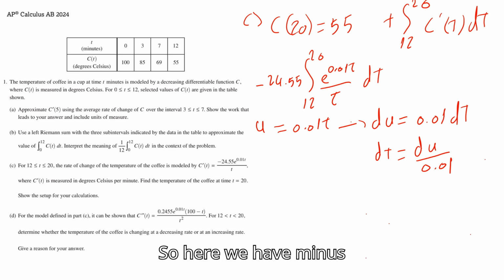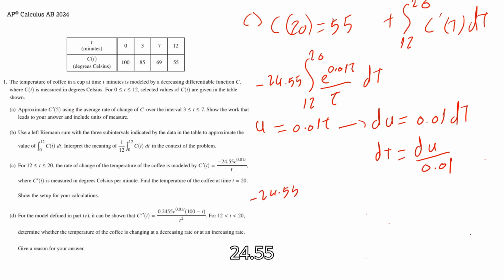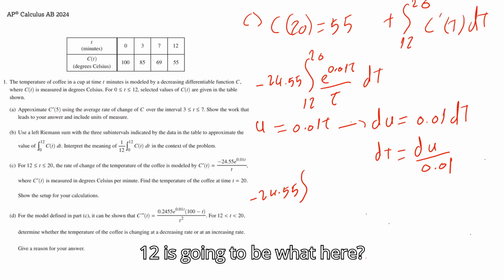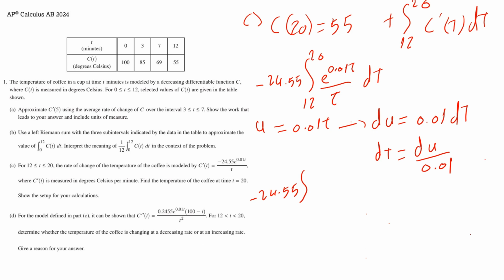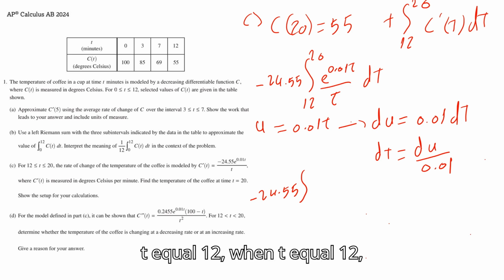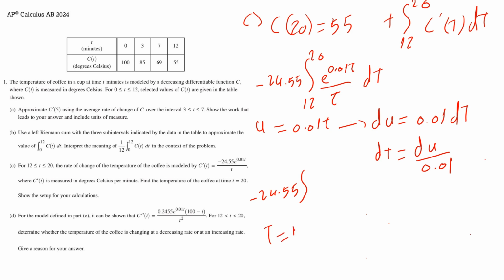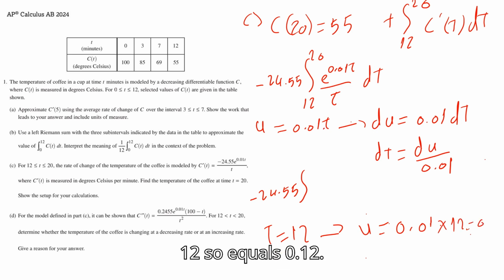Now let's calculate this. So here we have minus 24.55 times the integral. Now, what will 12 be here? When t equals 12, u equals 0.01 times 12, so it equals 0.12.